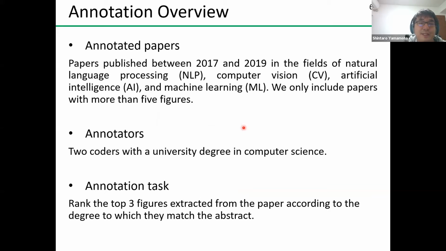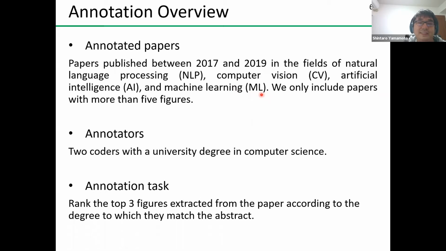Now I explain the annotation study. We collected papers published between 2017 and 2019 in the fields of natural language processing, computer vision, artificial intelligence, and machine learning.